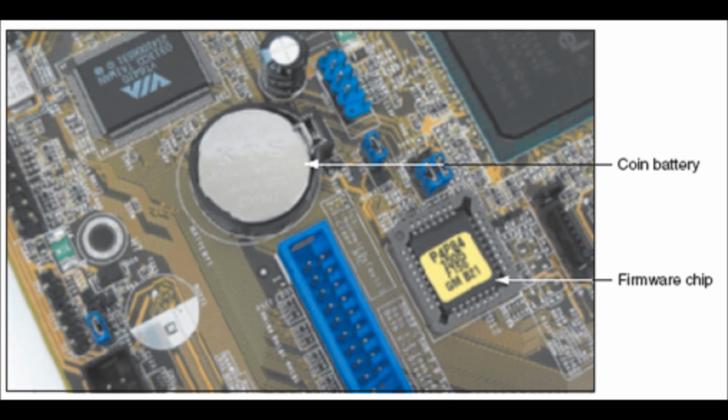Settings stored in CMOS RAM include such things as the current date and time, which hard drives are present, and how the parallel port is configured. When the computer is first turned on, it looks to settings in CMOS RAM to find out what hardware it should expect to find. CMOS RAM is volatile memory.